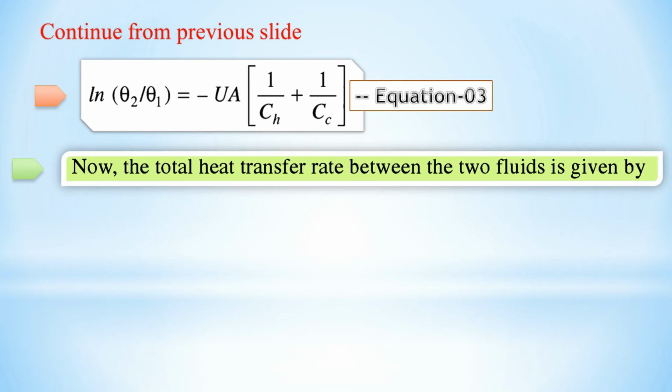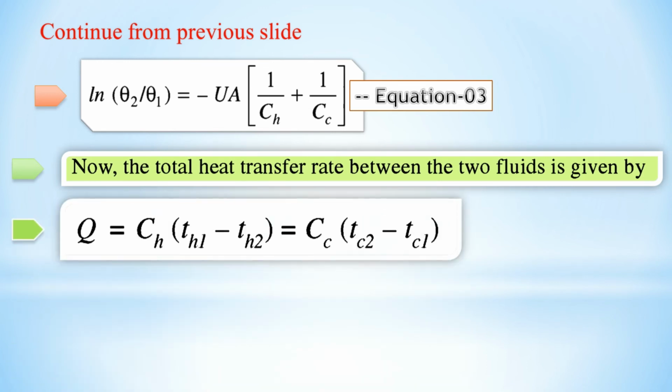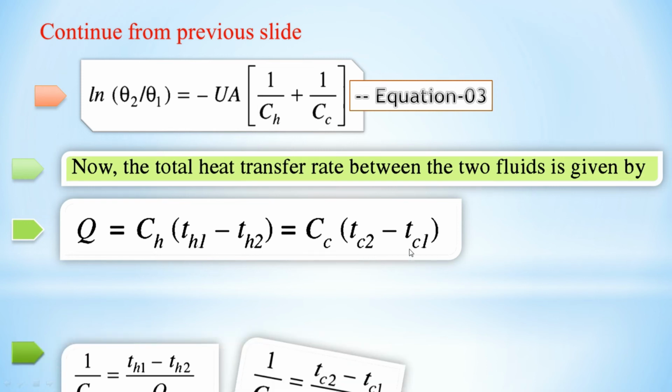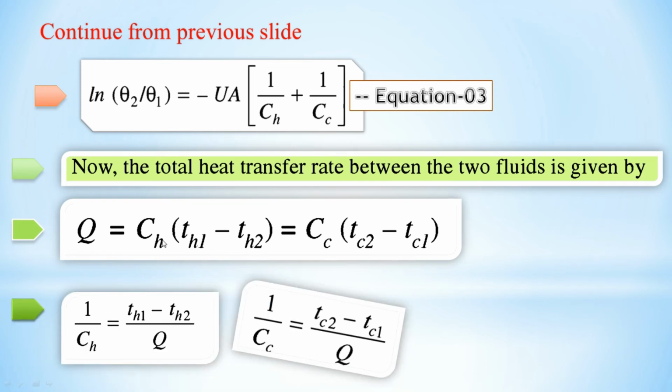Now the total heat transfer rate between the two fluids is given by, as we have already derived in the previous slide, Q equal to CH in bracket TH1 minus TH2 equal to CC in bracket TC2 minus TC1. So find out the value of 1 upon CH and 1 upon CC from this equation and put these values in equation 3.